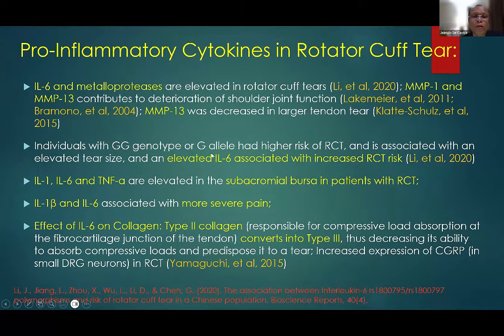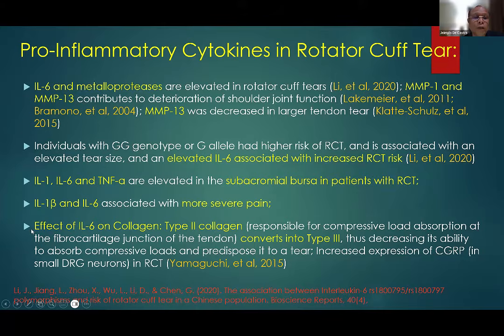The interleukins could be requested as part of the cytokine profile test, which includes all of these pro-inflammatory cytokines. And then, of course, interleukin 1, interleukin 6, and TNF alpha are elevated in the subacromial bursa in patients with rotator cuff tear. Interleukin 1 beta and interleukin 6 are the ones associated with more severe pain.